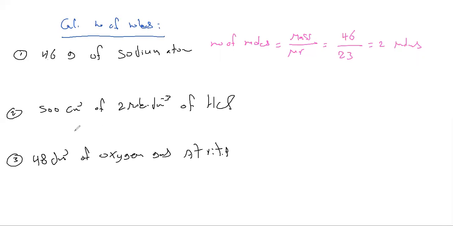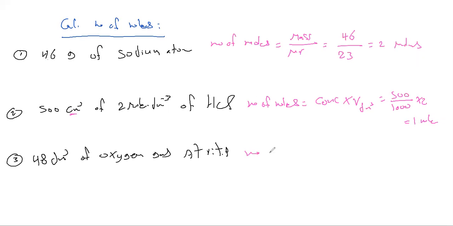For the second one, concentration and volume. So number of moles is equal to concentration multiplied by volume in decimeter cubed, equal to 500 over 1000 to change from centimeter cubed into decimeter cubed, multiplied by 2 to be 1 mole.